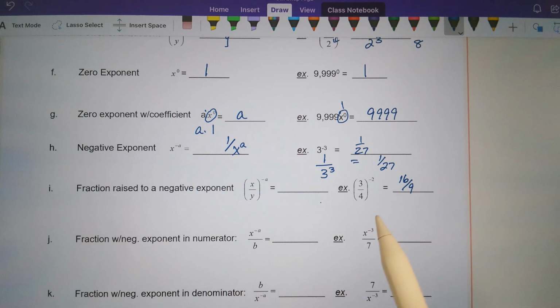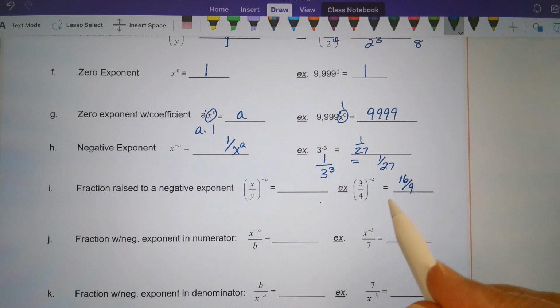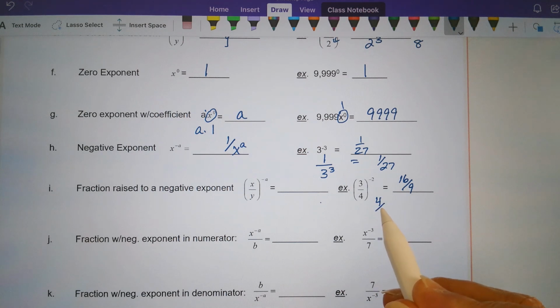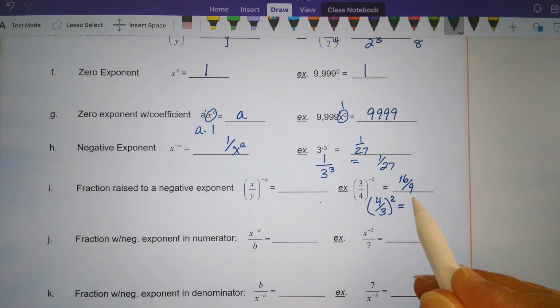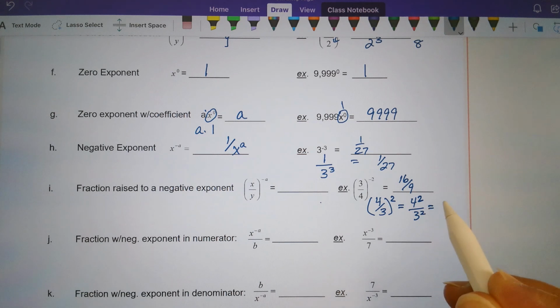All right, so let's take care of the negative exponent by making it positive, but in order to do that, we would take our fraction here and invert the fraction. So this would be 4/3 raised to the positive 2. And then we distribute: 4 to the second divided by 3 to the second equals 16 ninths.